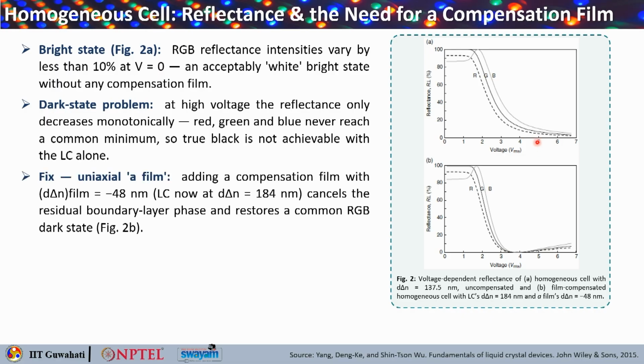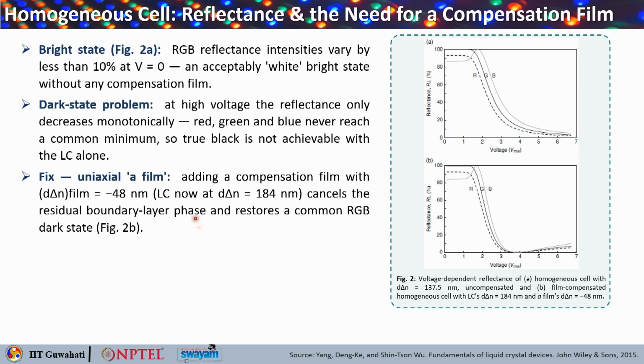So, what do you do? The fix is to use a uniaxial A film, adding a compensation film with d delta n of that film equal to minus 48 nanometer. So, that basically makes your d delta n around 137 nanometer.